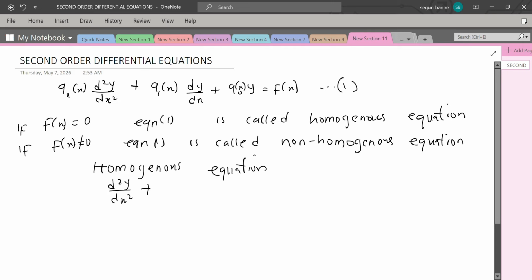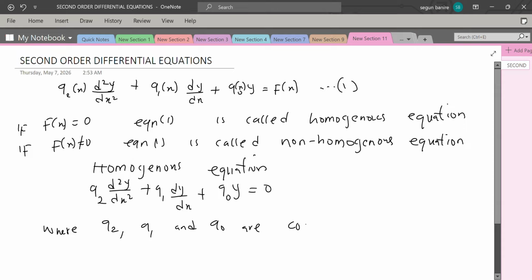So all of them are constants, where a2, a1 and a0 are constants.